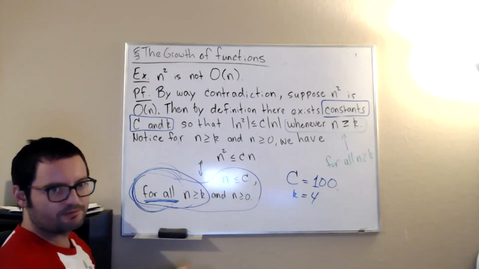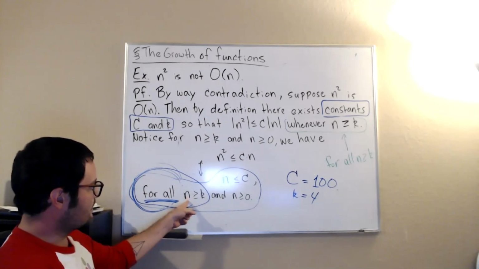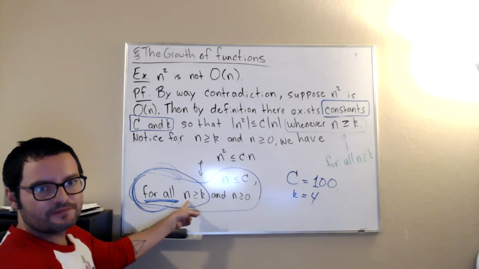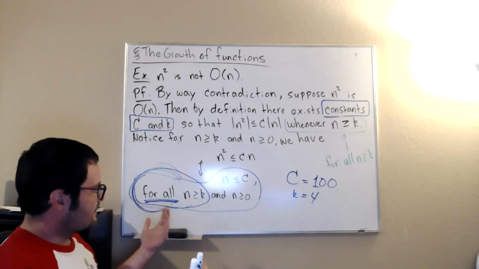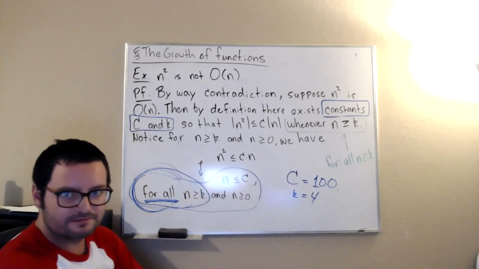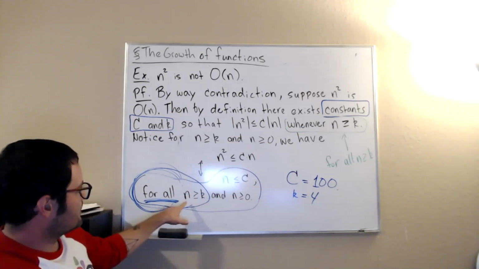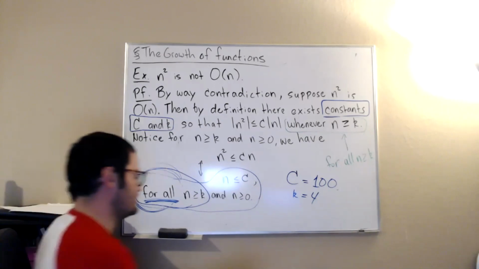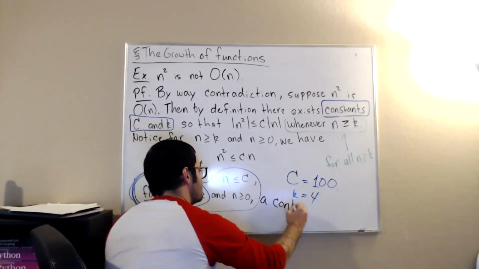It's false because n can be as big as we want it to be. n can be 1,000. Is 1,000 less than or equal to 100? No. Because n is growing without bounds, that can't happen. So this is a contradiction. It's false.